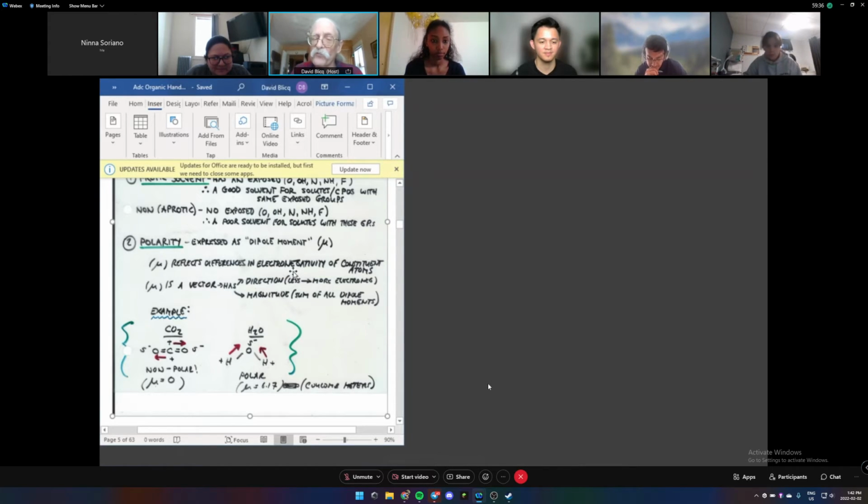Mu as a numerical value is telling you about the size or relative difference in electronegativity of constituent atoms. Basically, how big is that charge difference? It is a vector. That is, it not only has a number that says how big it is, it also has a direction or orientation. The direction always goes from less towards more electronegativity.